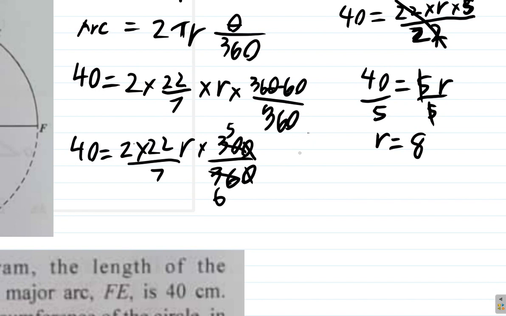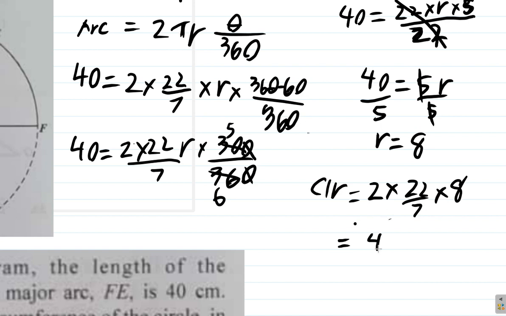So what's the circumference? Circumference is 2 times pi, 22 over 7, times r, which is 8. So what would this give us? It would give us, alright, you see this is going to be 44 by 8 over 7. 8 over 7 is just a little bit more than 1. So we're going to be a little bit more than 44.